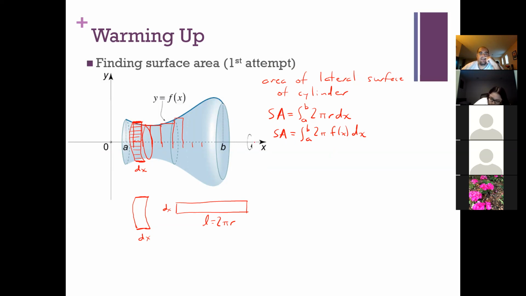So this right here, I'm assuming, just like the last time we did arc length, a constant y value over any one of these intervals. What we're going to see soon is that this is not a good enough approximation.